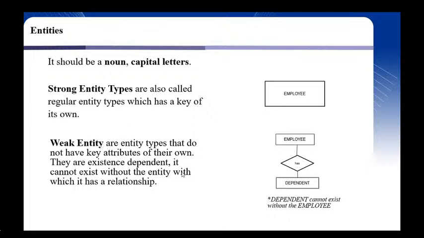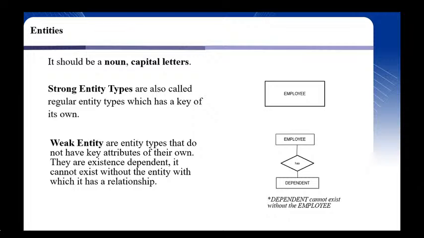Weak entities are entity types that do not have their own key attributes. So they are dependent on the existence of other entities. Just like in our example, we have employee has dependent. The dependent here is the weak entity because the dependent cannot exist without the employee. That's why it's called existence dependent.